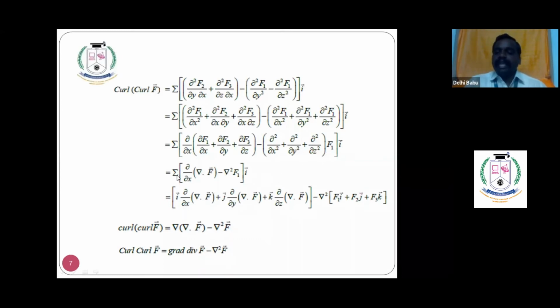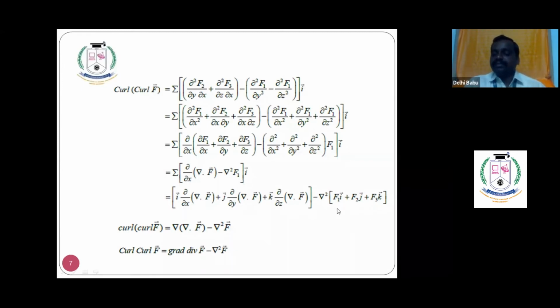Now expand this summation. When I expand this summation, we get I vector of this plus j vector of this. When I am using j vector, then put x as y, again instead of I will put k, then here change as z. So dou by dou z of del dot f minus del square f1i is the first term. So summation means plus. Similar terms we can write f1i, then the similar terms are f2j plus f3k.